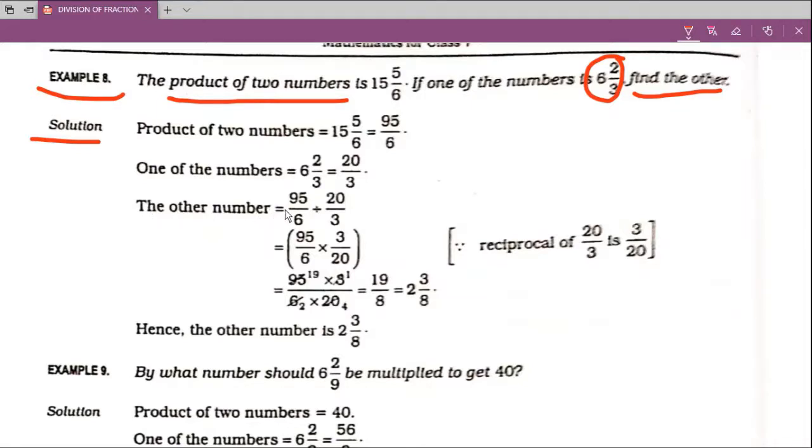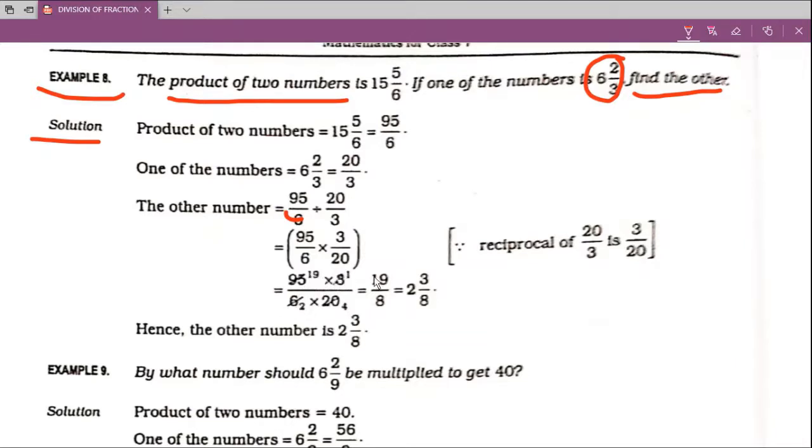The other number is equal to the product of the two numbers divided by the given number. So 95 by 6 into 3 by 20. 95 and 20 have the common divisor 5. So 5 nineteens are 95 and 5 fours are 20, and 3 and 6 have a common divisor 3. 3 twos are 6.